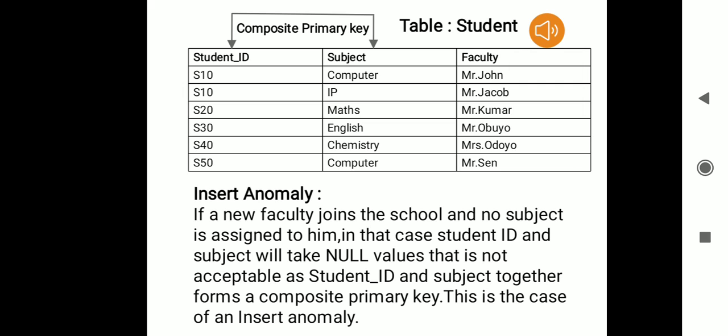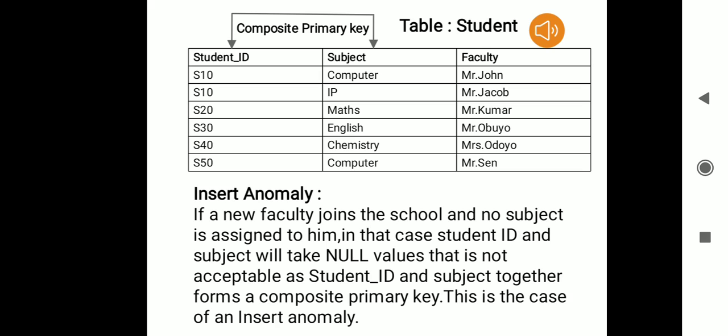Now I will explain the anomalies which occur when the non-key attribute faculty determines the key attribute subject. Let's start with the insert anomaly. Now consider the above table student. Suppose a new faculty has joined the school and no subject has been assigned to him yet.